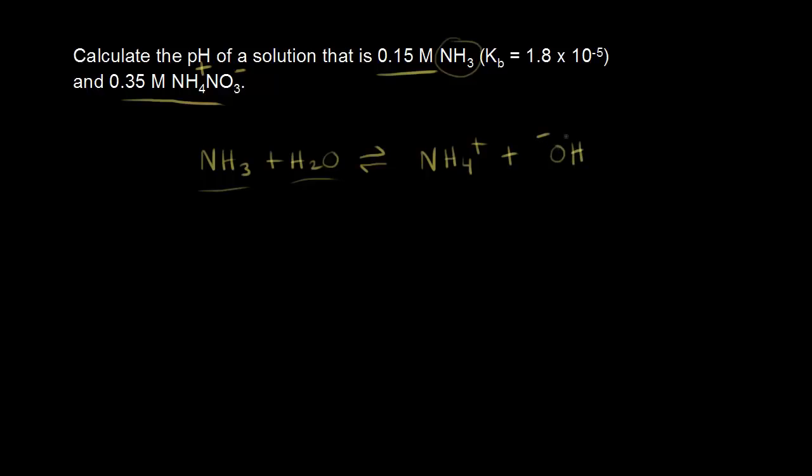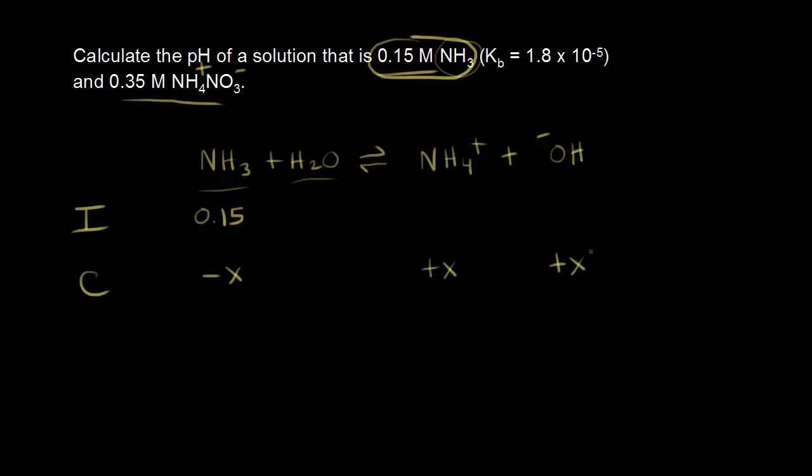So once again, we start with our initial concentration, and we're going to pretend like it's one of the problems that we've been doing in earlier videos. So if we have 0.15 molar concentration of ammonia, we go ahead and put 0.15 here. When we think about the change, whatever concentration we lose for ammonia is the same concentration that we gain for ammonium, since ammonia turns into ammonium. And therefore that's also the same concentration we gain for hydroxide.